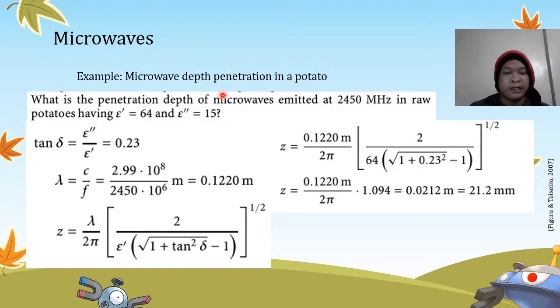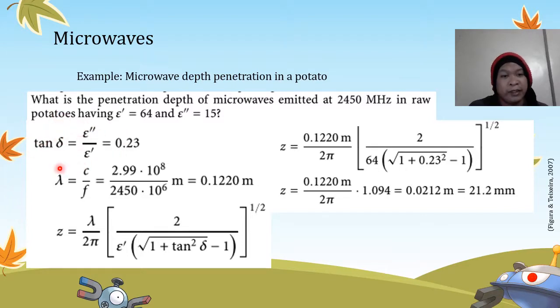So a sample of using the equation. Again, if we have potatoes and ito yung 2.45 gigahertz yung microwave oven natin. And then we have determined that the potato has epsilon prime and double prime values of 64 and 15 respectively. So we can compute for the tangent delta na angle.